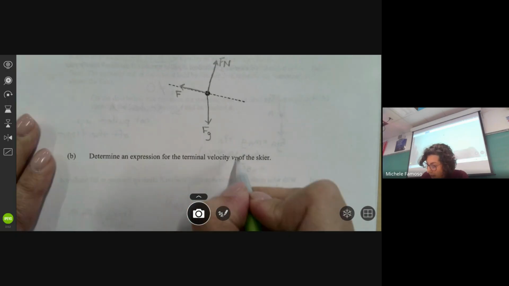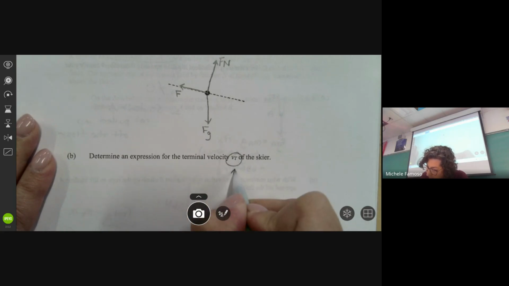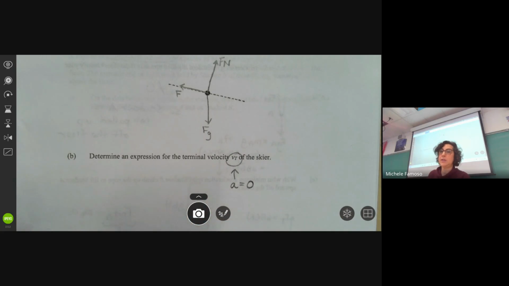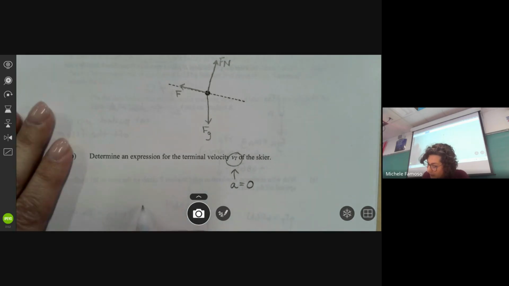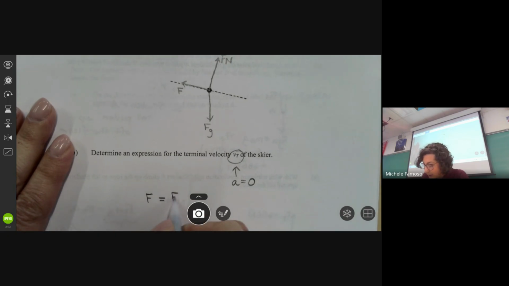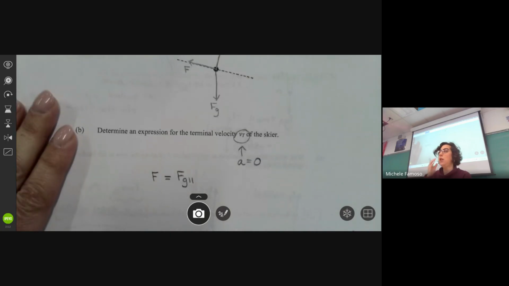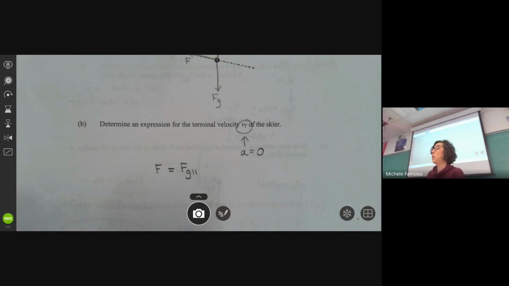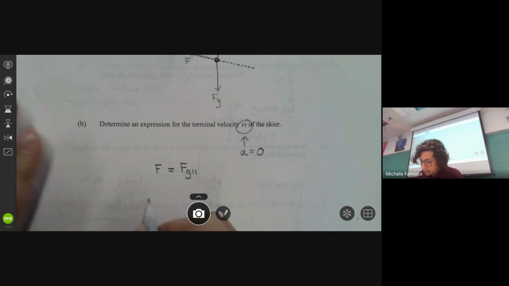The terminal velocity means that the acceleration is 0, which means that that force F is going to have to balance the parallel component of the skier's weight. This would have to be B times VT.